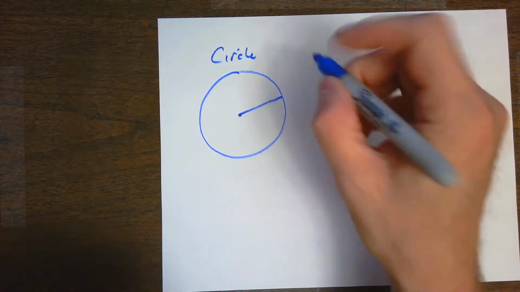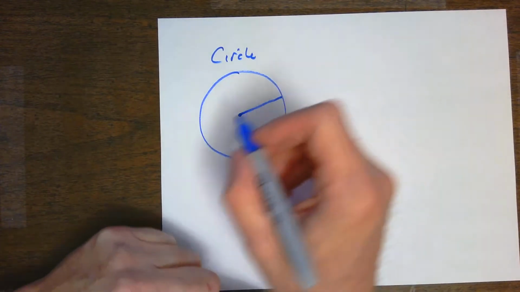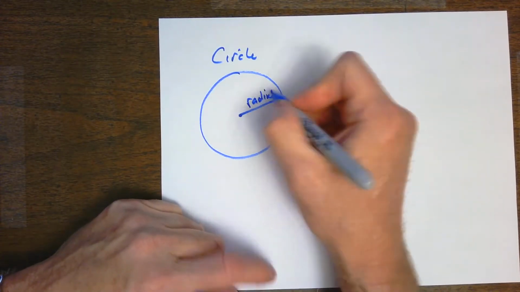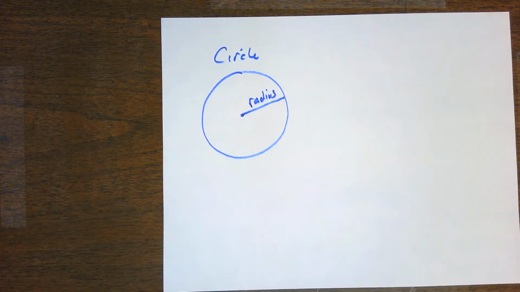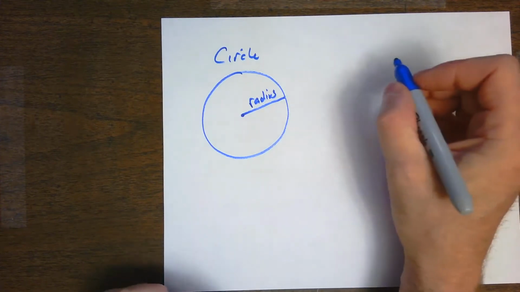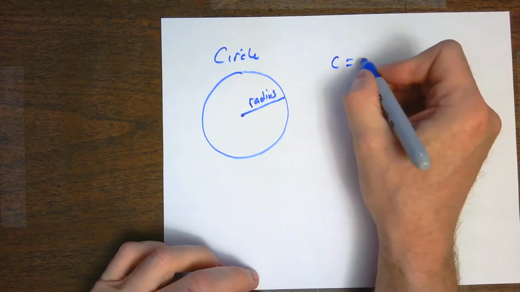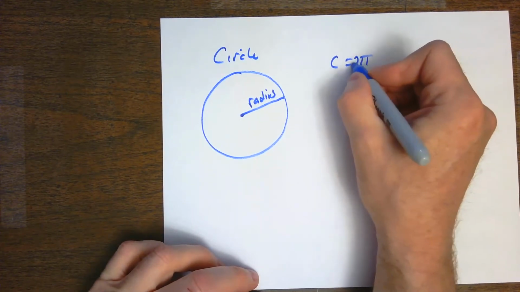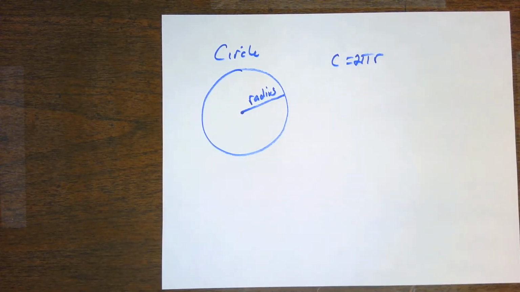But within a circle, I've got the radius. What kind of construct is that? How many dimensions does it have? Only 1, length. And we know that the circumference of a circle is pi times diameter, which is 2r. Circumference is 2 pi r.